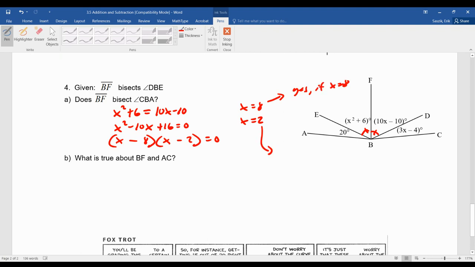Now if x equals 2, this is going to be 10. So this whole angle is 30. If x is 2, this upper angle would be 10. And this would be 2 times 3 is 6. 6 minus 4 is 2. This big angle here would not be congruent to that.